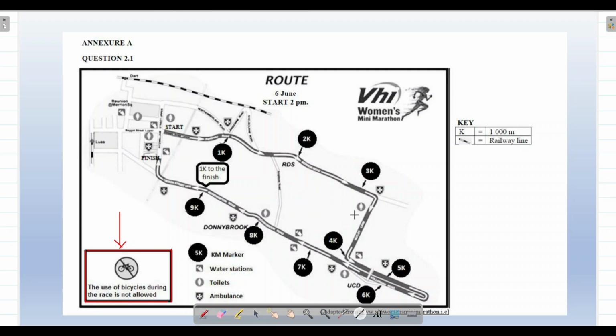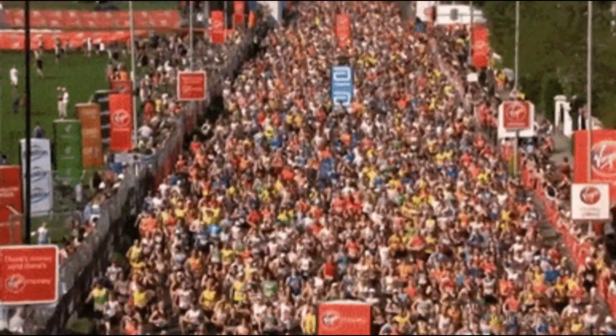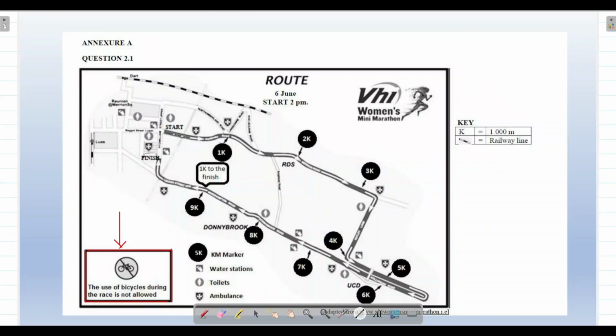Let's firstly determine how many kilometers these ladies are running in this V women's mini marathon. Okay, let's just have a look. Like I mentioned when we were starting the video tutorial, at each of these dots, the dots basically show you that from the start to this point, 1 kilometer was traveled.